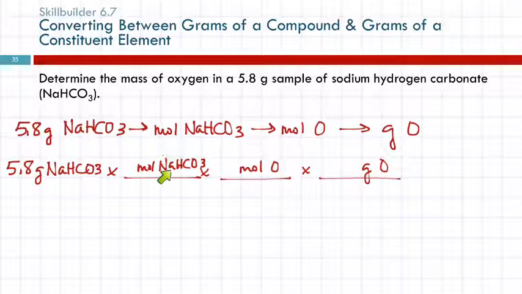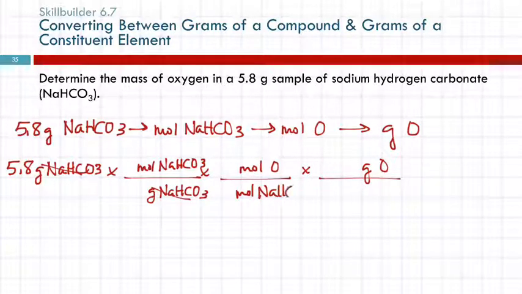Same units. You see that? Previous unit comes into the denominator because I want those to cancel out. Don't scribble them out. You still want to be able to read them, but just cross them off.